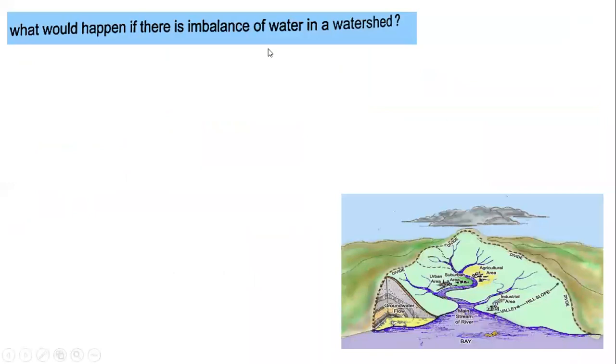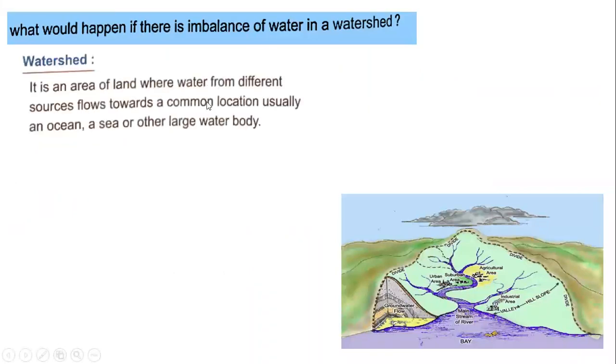Next point. What does it mean, watershed? What would happen if there is imbalance of water in a watershed? So look at this area, please. Before I start explaining, you see this bay, a small gulf.